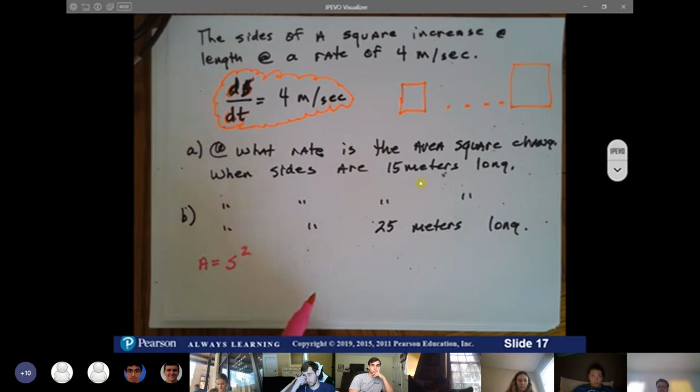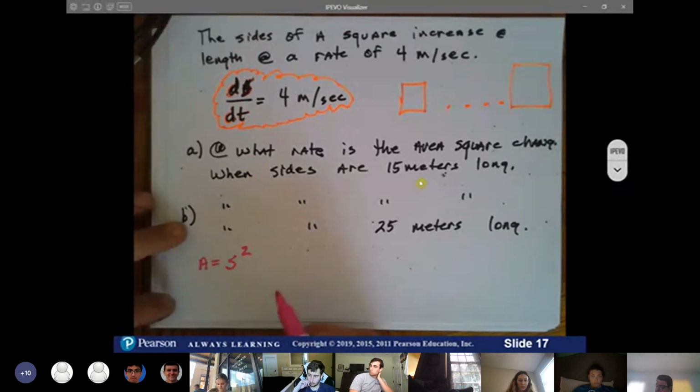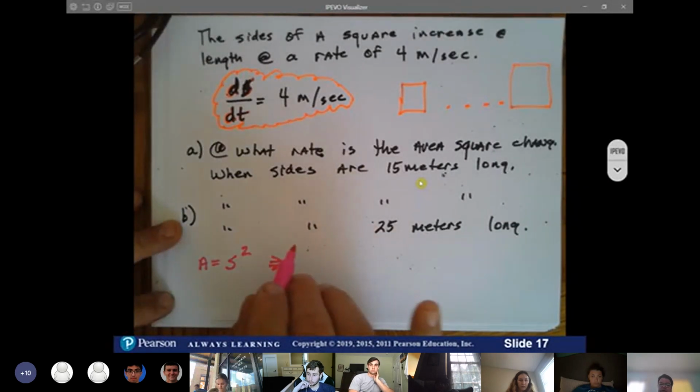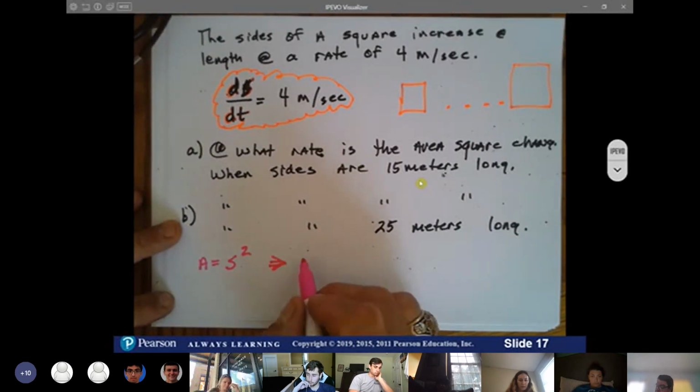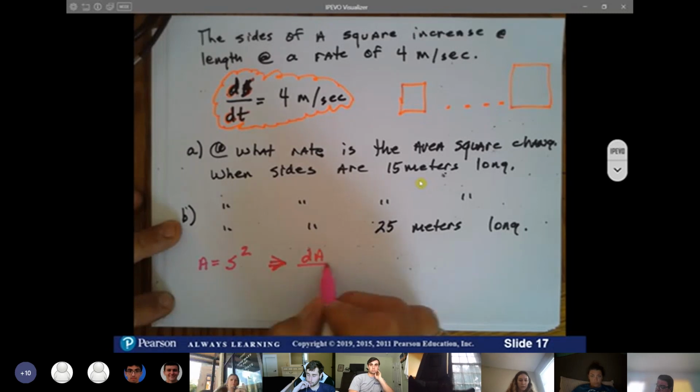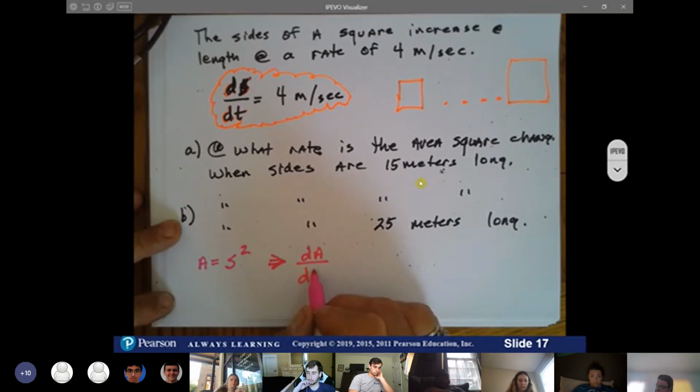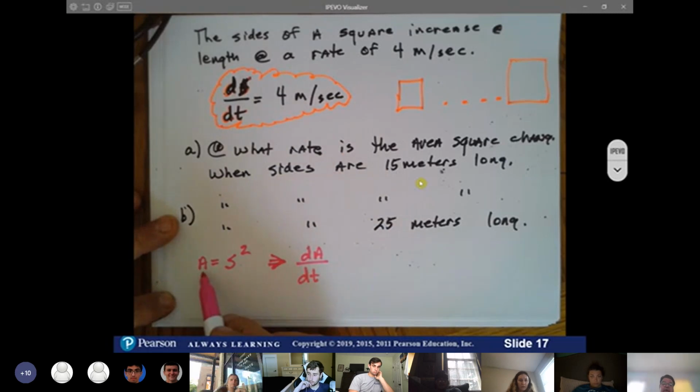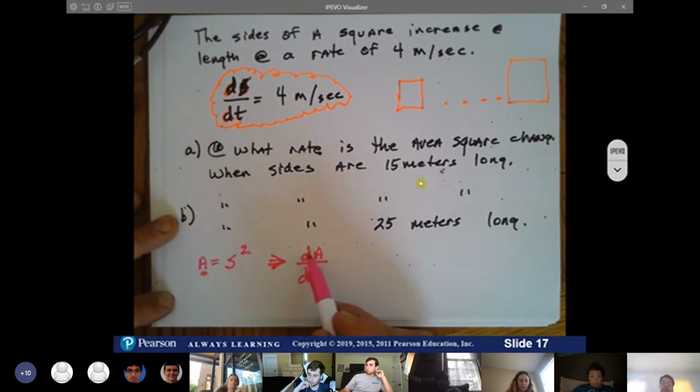Okay, just bear with me. This is the way, the hold-your-pinky-up way to write it: dA over dt. The difference in area, because this is area, is changing in regards to what? The time.